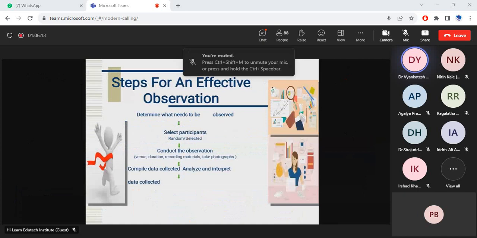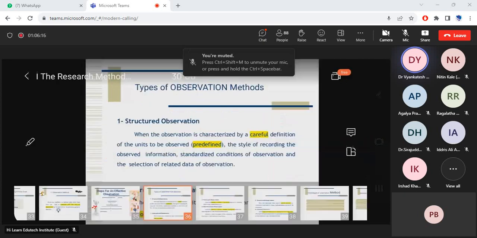Types of observation methods: structured observation and unstructured observation are among the familiar methods we are going to study here. Structured observation is when the observation is characterized by careful definitions and the units are observed in a predefined manner, with standardized conditions and selection of related data.